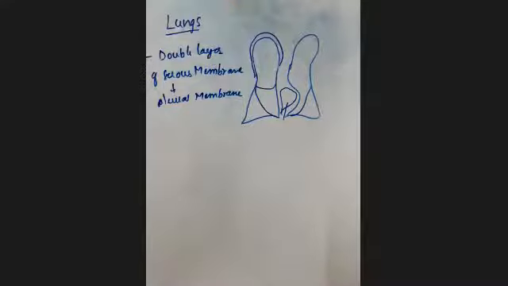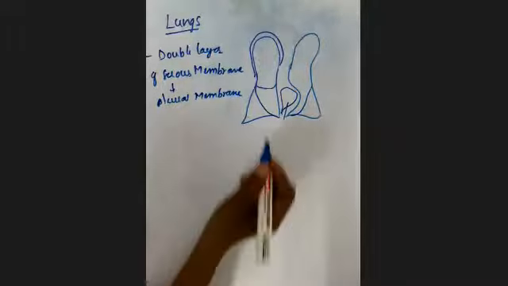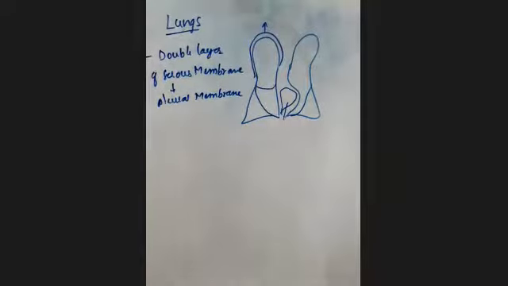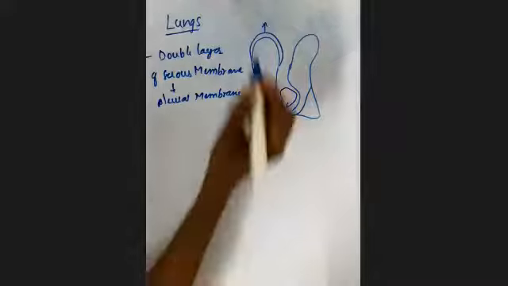The superficial layer, the outermost layer, is called the parietal pleura, and the deeper layer is called the visceral pleura.